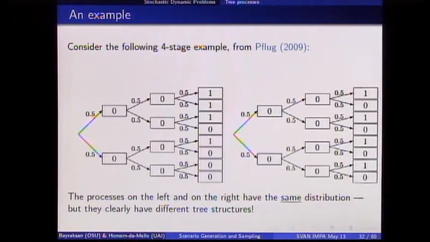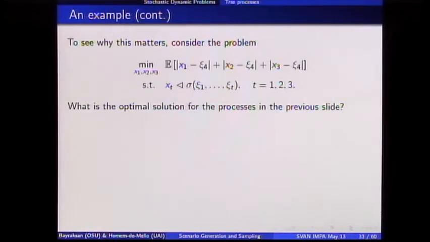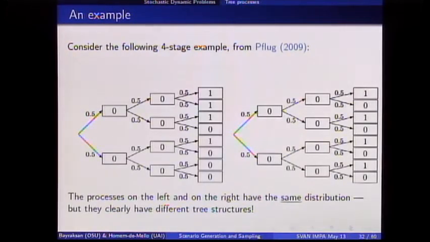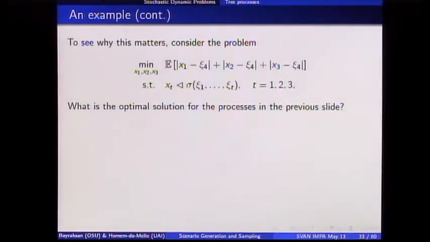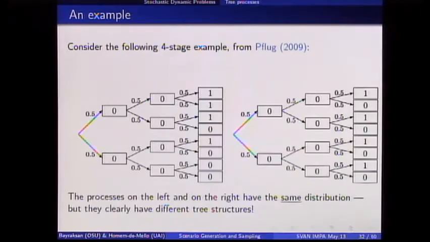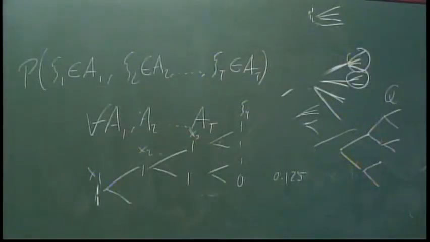So if this was 1, the distance between this guy is 1, and this one is 0. But if you had a 0 here, this distance is 0, but this is 1. So if you do the calculation, you see that the solution where you have x equal 1 here and x equal to 0 everywhere here will have an expected value of 1, okay? Because you get this 0.25 showing up in this calculation.